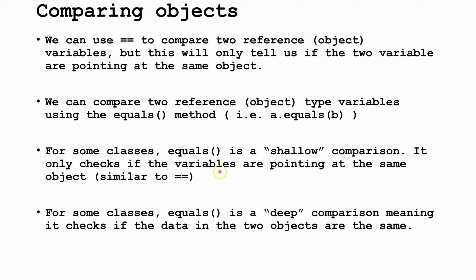It only checks if the two variables are pointing at the same object, so it works similar to double equals. For other classes, the equals method is a deep comparison, meaning it checks if the data in the two objects are the same. So it's important to know, depending on the object type you are dealing with, is the equals method a deep comparison or is it a shallow comparison?